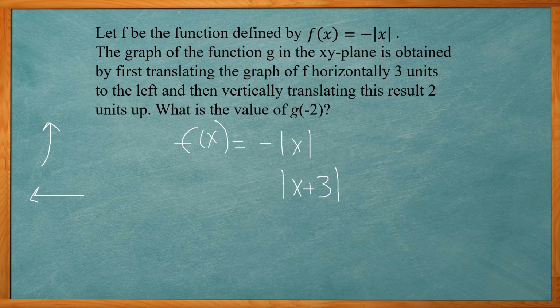If you want to shift it to the right, you need to subtract 3. Alright, so far we have negative of absolute value of x plus 3. That's going to shift it to the left 3 places. Now to shift it up 2, I'm going to add 2 to the whole function. So plus 2 at the end. It's going to give us our g of x equation.